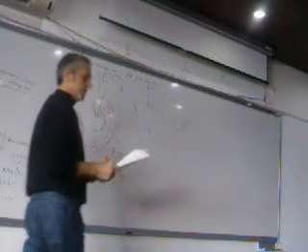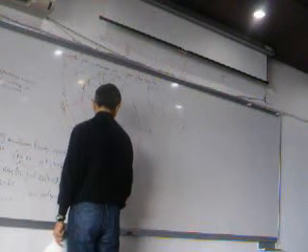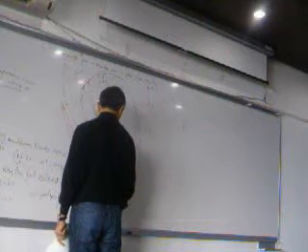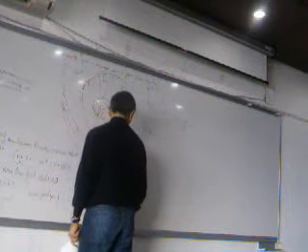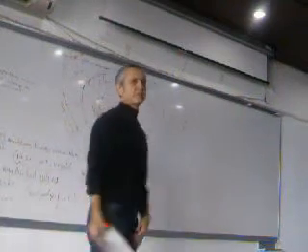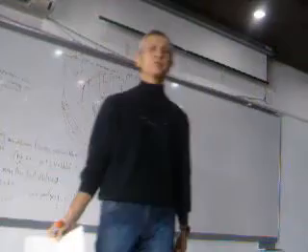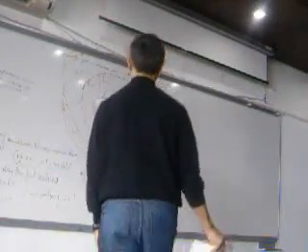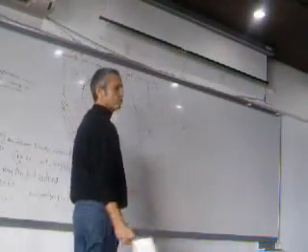At any point, there is at most one trajectory, or no trajectory can cross. You cannot have more than one trajectory through any point. Okay, that's what it says. Trajectories cannot cross.